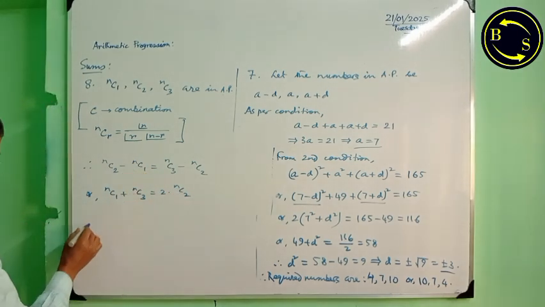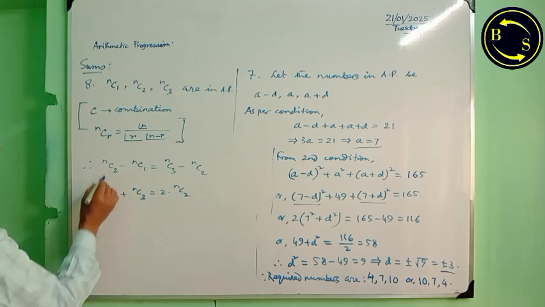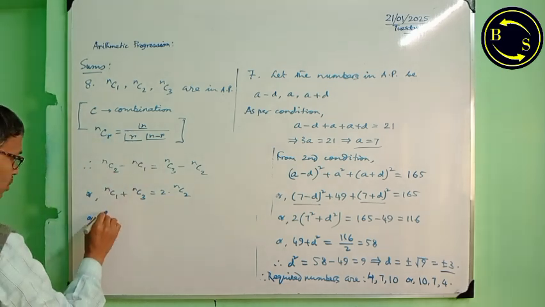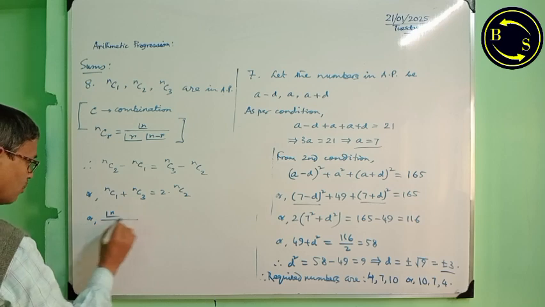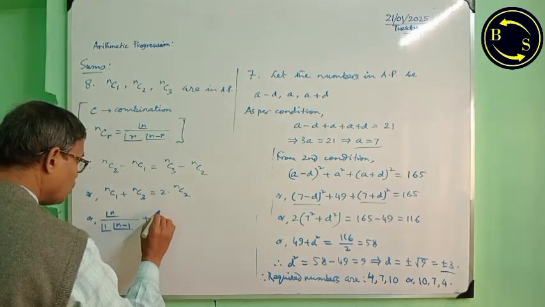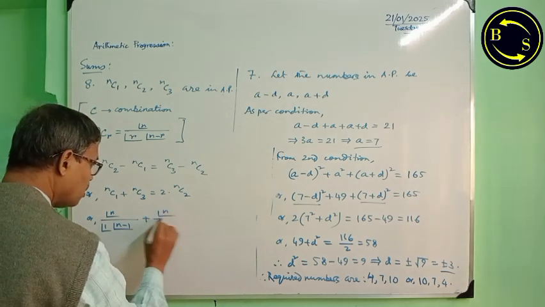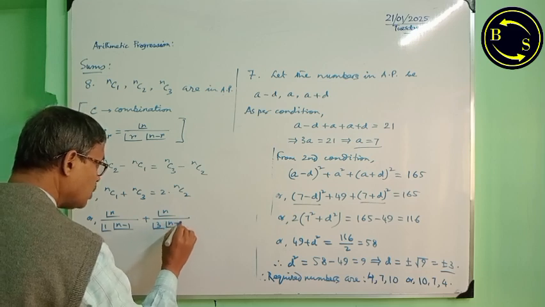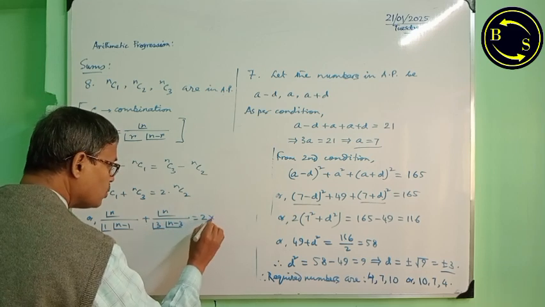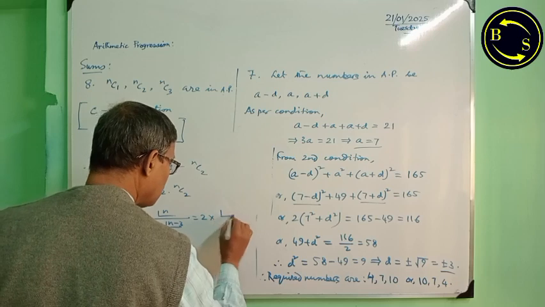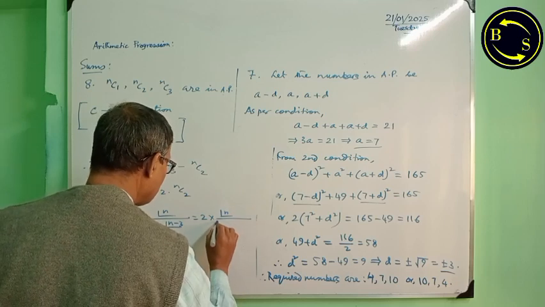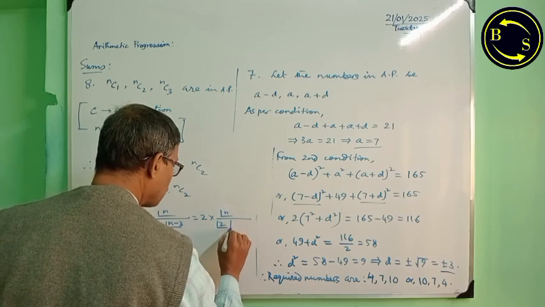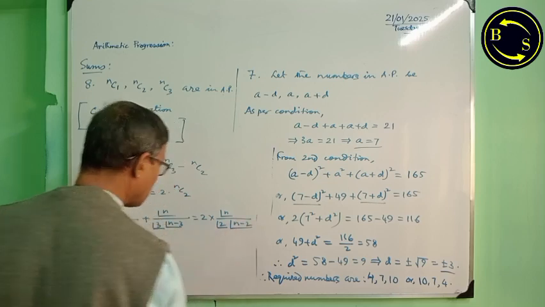Now I put the expressions as defined here: factorial n by factorial 1 factorial n minus 1, plus factorial n by factorial 3 factorial n minus 3, that is equal to 2 times factorial n by factorial 2 factorial n minus 2.